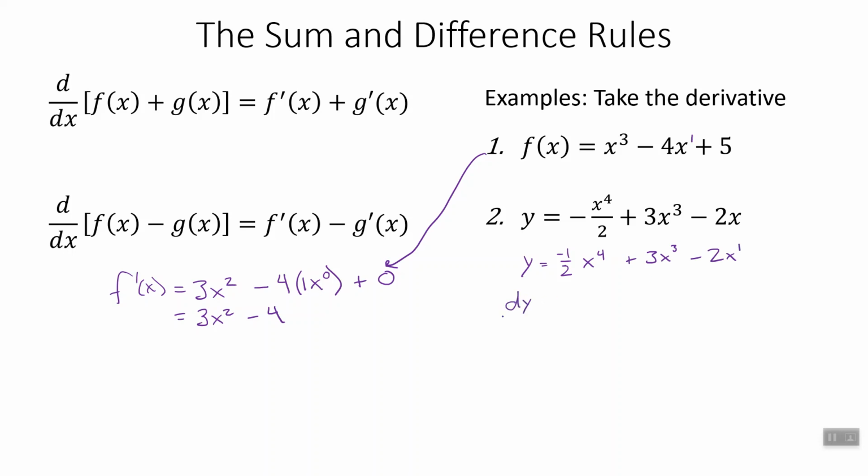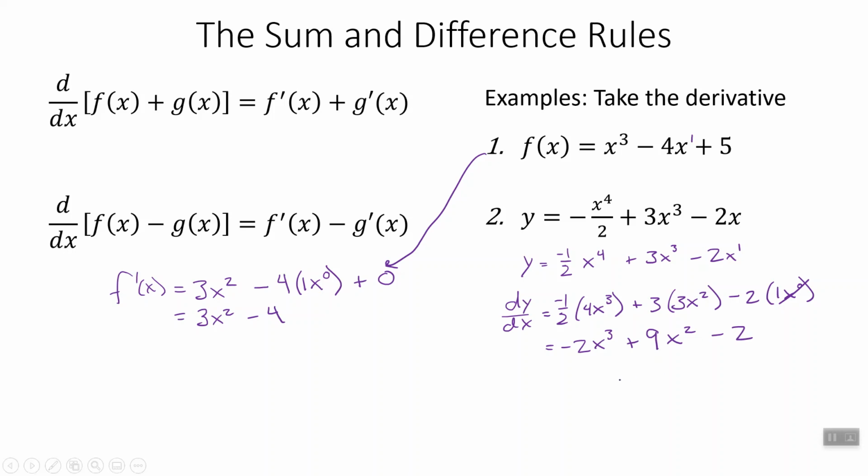Now we take the derivative. dy over dx is, we bring down the 4, so negative 1/2 times 4x to the third, plus 3 times, bring down the 3, 1 less exponent is squared, minus 2 times 1x to the 0, which is just 1. So our derivative is negative 1/2 of 4, which is negative 2x to the third, plus 9x squared, minus 2. There's our answer.